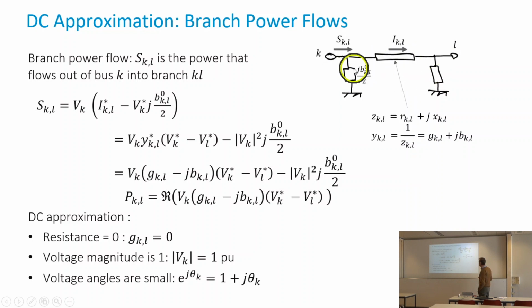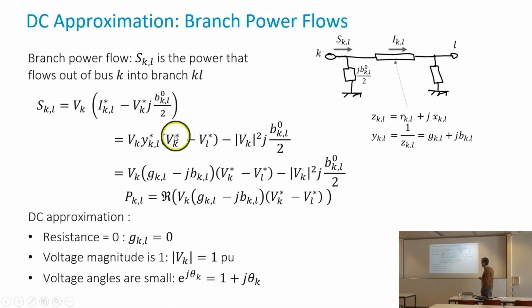Here I'm also assuming the most general line model, where we have shunt elements, is given by this formula, which says that the power flow is equal to the power flow that goes into the longitudinal element minus the power flow that goes into the shunt element.